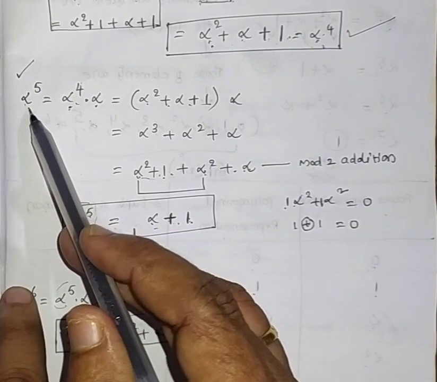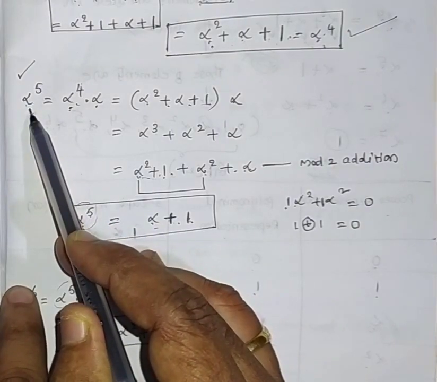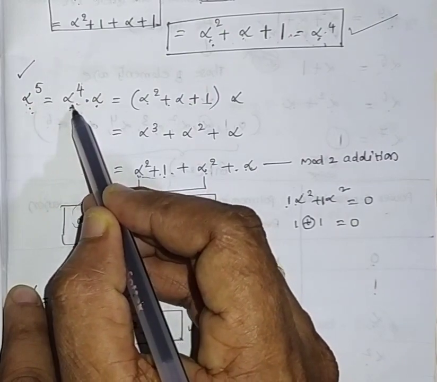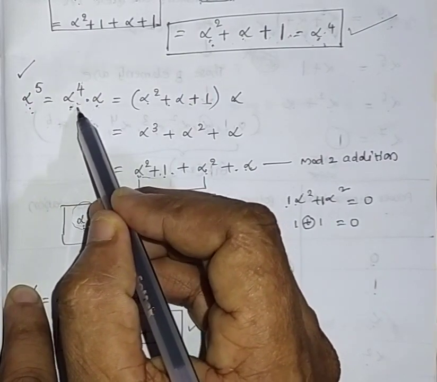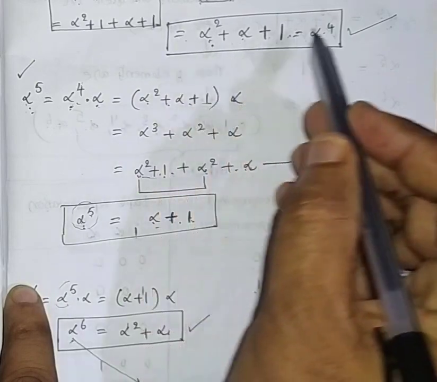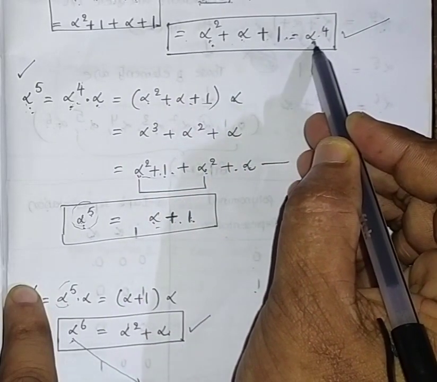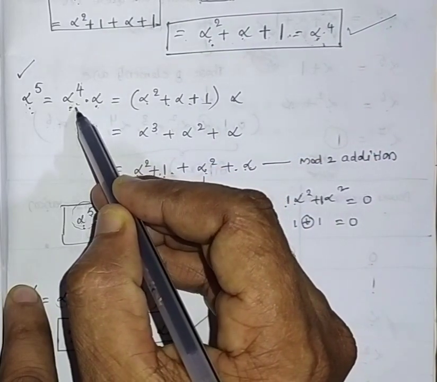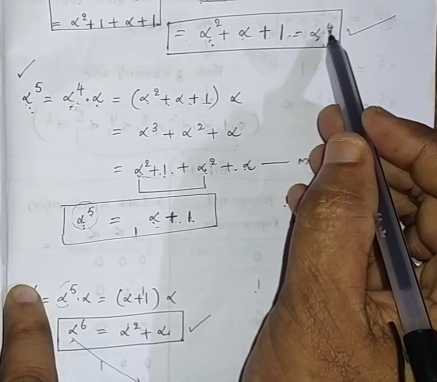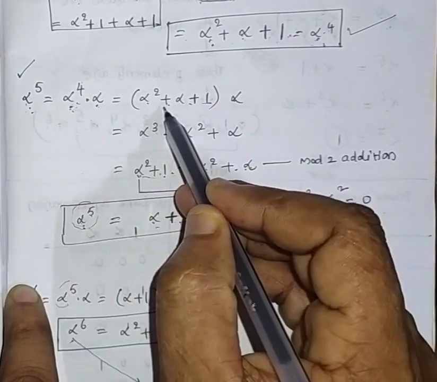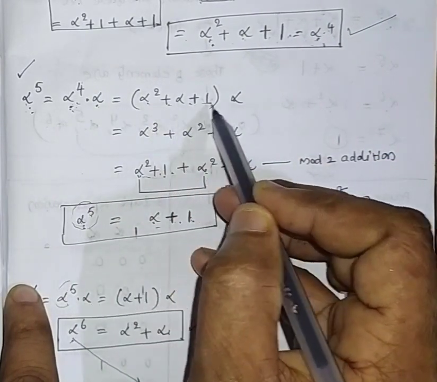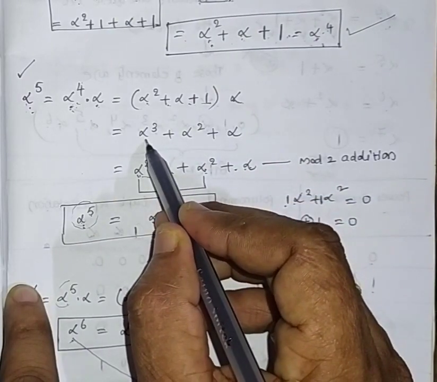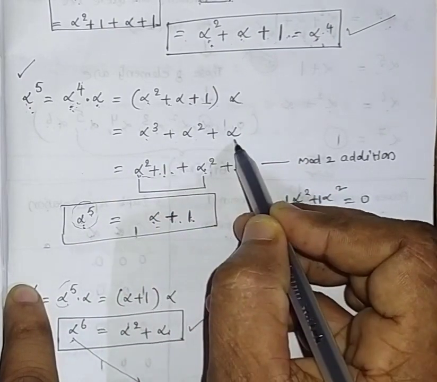Now let us go to the calculation of alpha power 5. I can write alpha power 5 as alpha power 4 into alpha. Now from the above equation, I know the value of alpha power 4. If you substitute alpha power 4 here, then it becomes alpha square plus alpha plus 1 into alpha. So finally, alpha power 3 plus alpha square plus alpha.